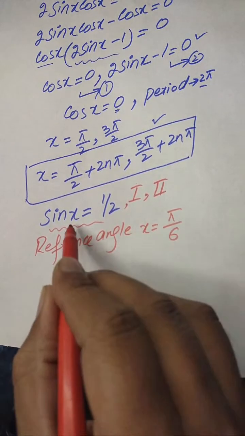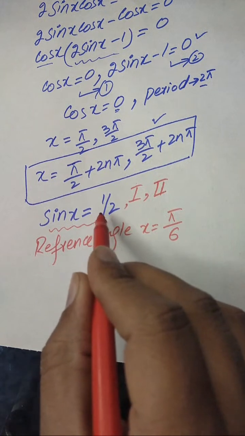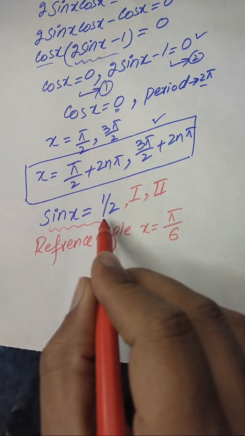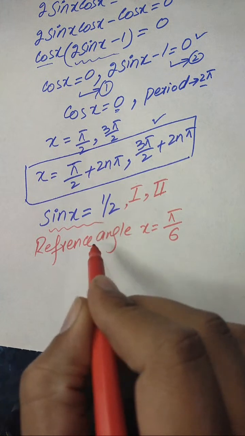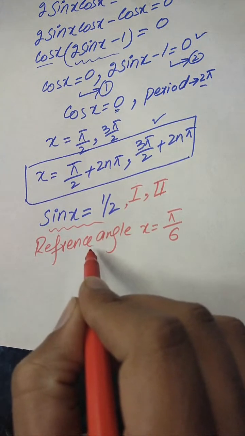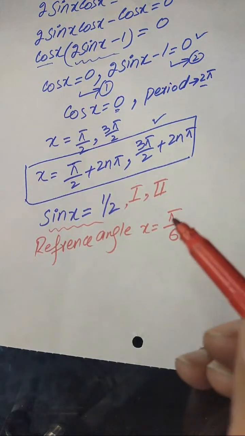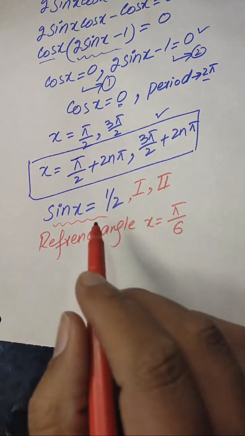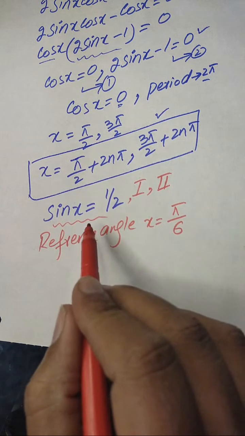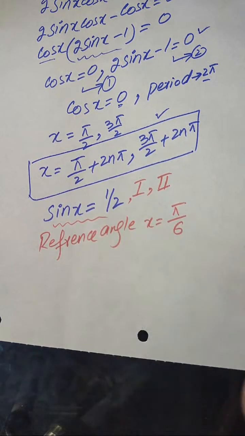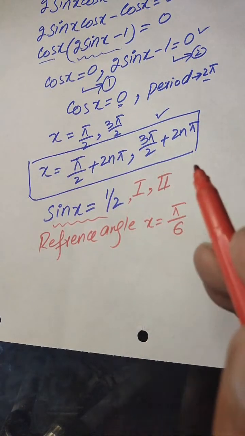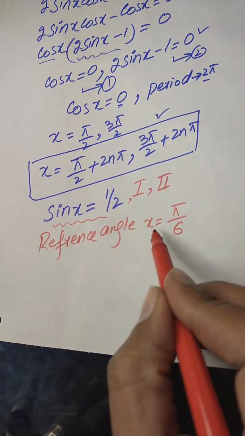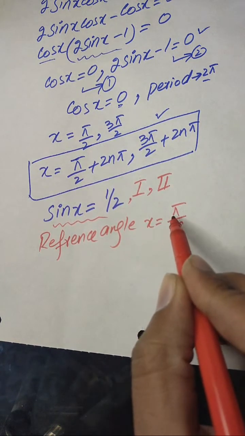When we take sine on the right hand side, it becomes sine inverse 1 over 2, and we take it as the reference angle. We know that the angle with respect to the first quadrant is known as the reference angle, so we just take the positive angle and neglect the negative sign if it lies in any equation. So here the reference angle is x equal to pi by 6.